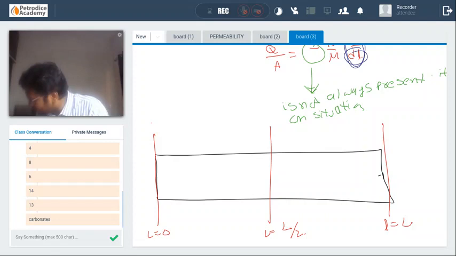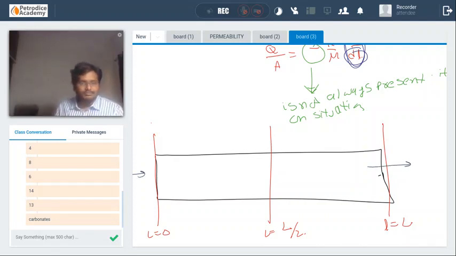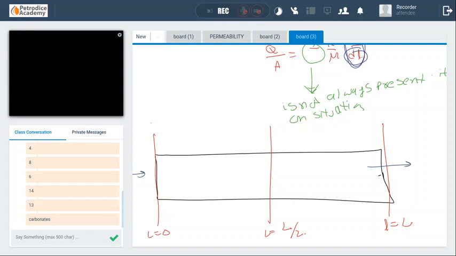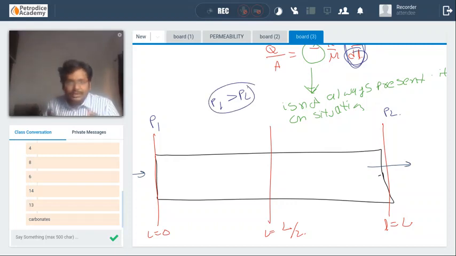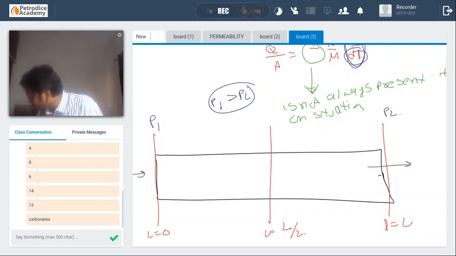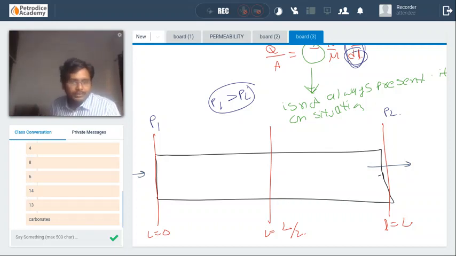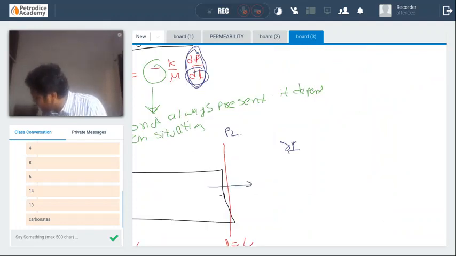Let us consider the flow happening from left to right. That means the pressure at the first point is higher than at the second, that is P1 is greater than P2. As the length increases, the pressure decreases. So in this scenario, dP by dl will be negative.